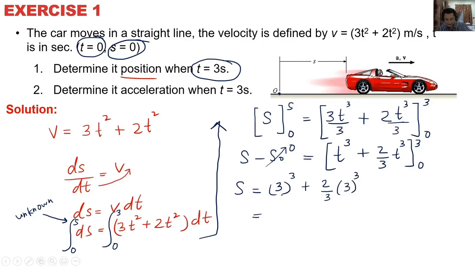Use your own calculator. 3 times 3 times 3, 3 cubed is 27. Plus 27 times 2 divided by 3, you get 18. So this is the displacement. 27 plus 18, what do you get? 45 meters. This is the displacement.